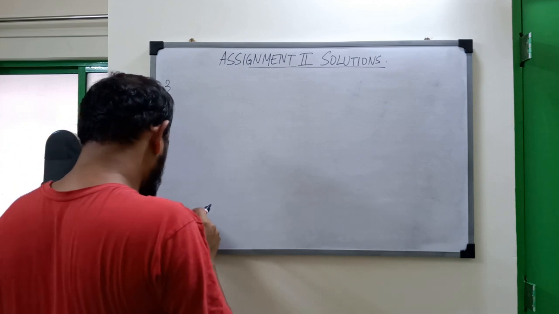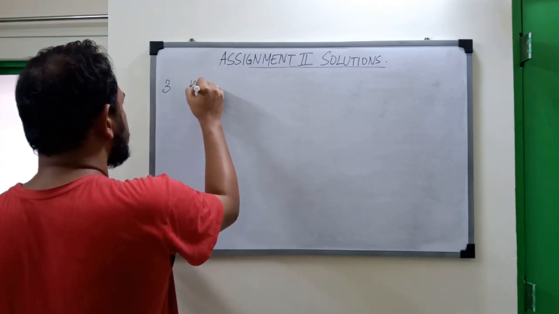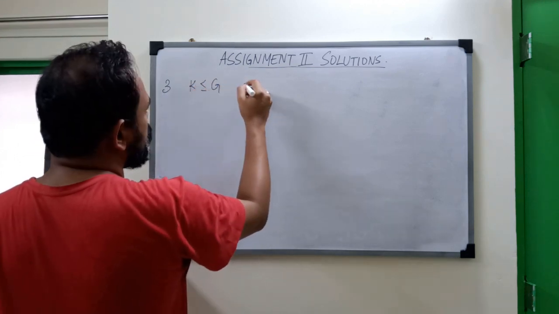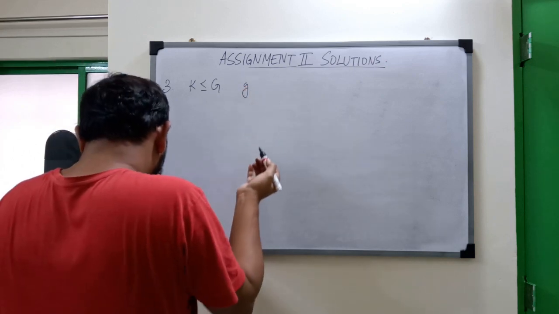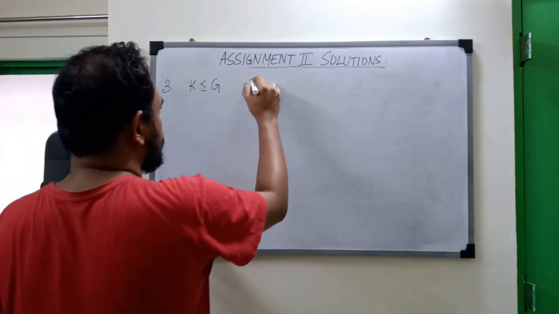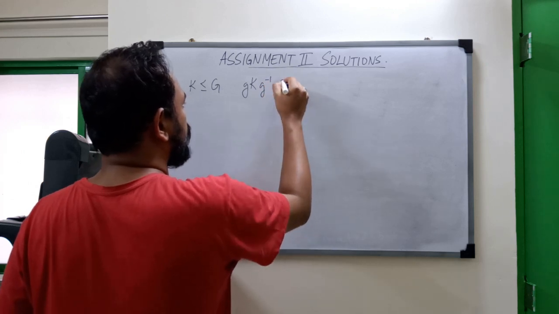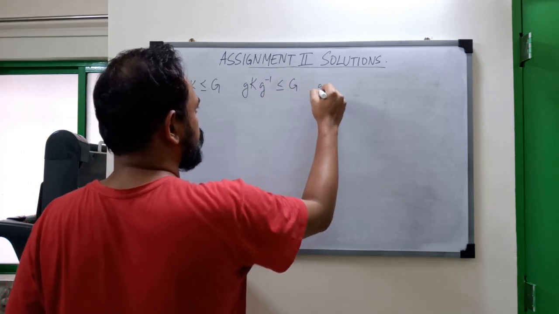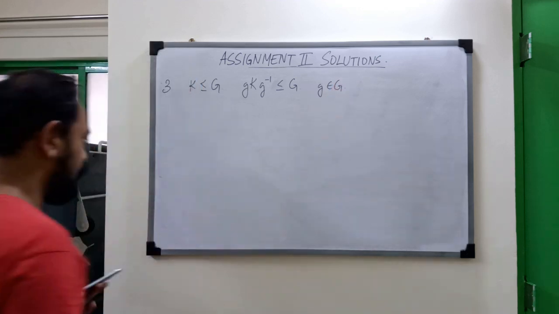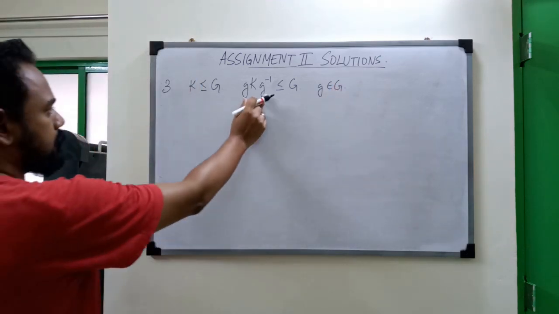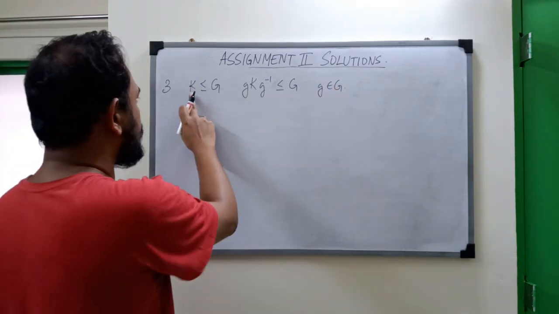So K is a subgroup of G. We have to show that, where small g is an element of capital G, this is also a subgroup of capital G. This is the conjugate by small g of capital K.